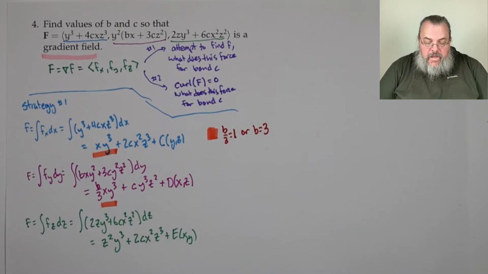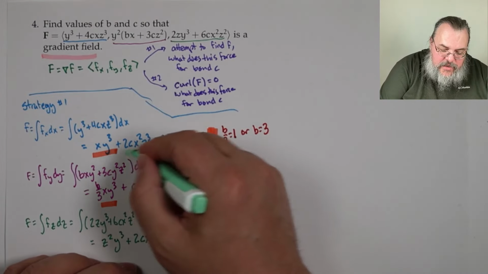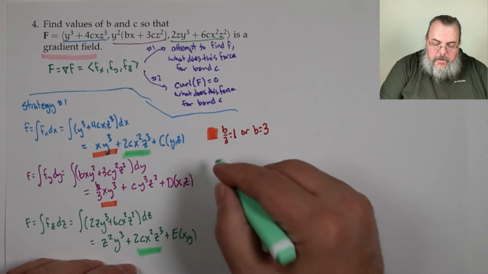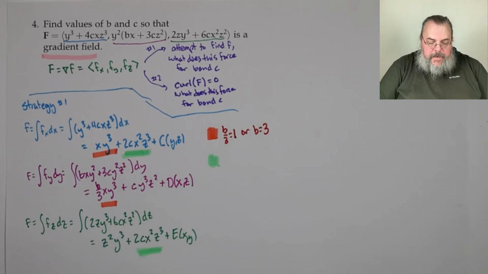Okay, good. Now, what else? Well, this 2c x squared z cubed has to match with 2c x squared z cubed, which is automatic, nothing learned from there. All right, no worries.